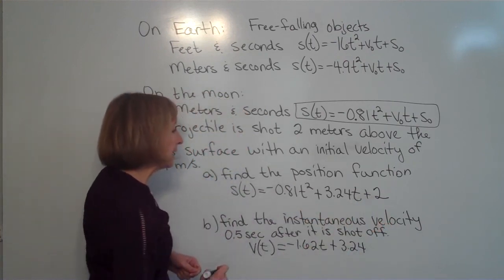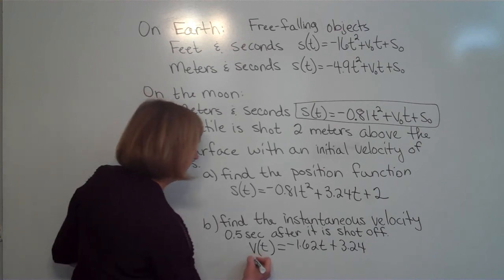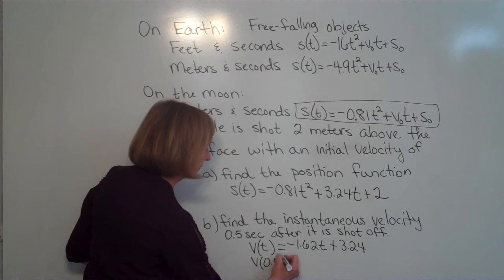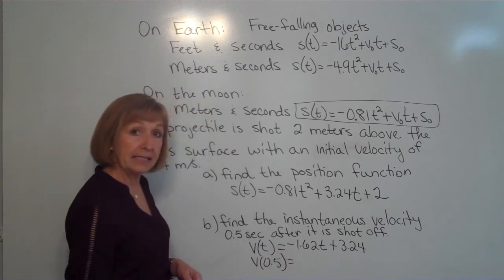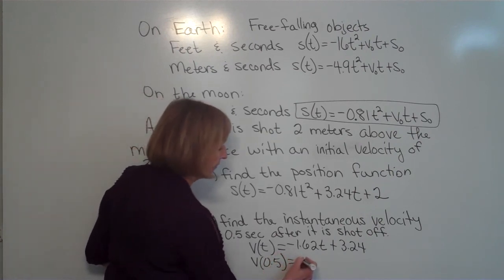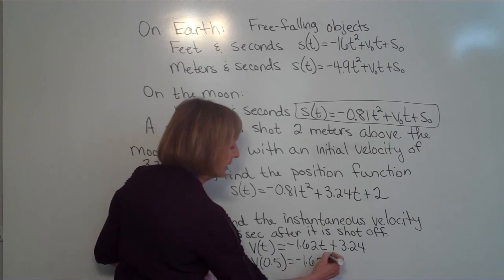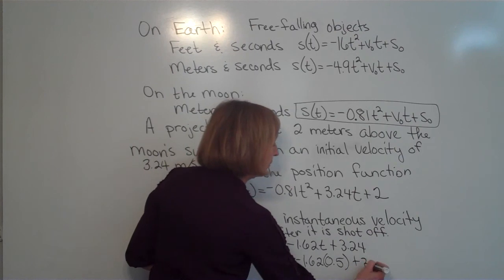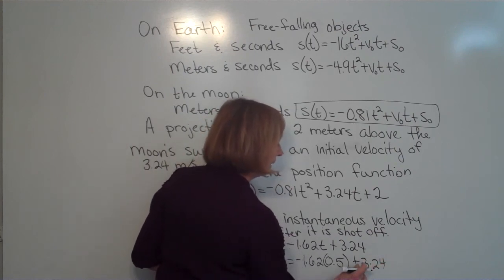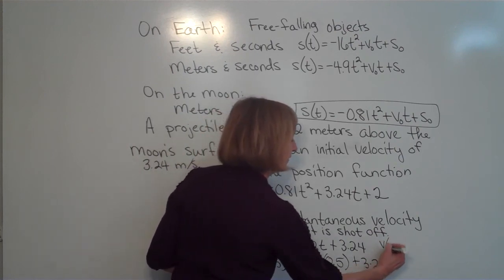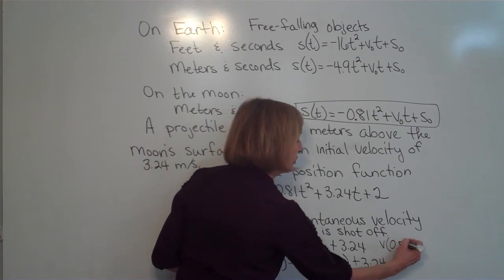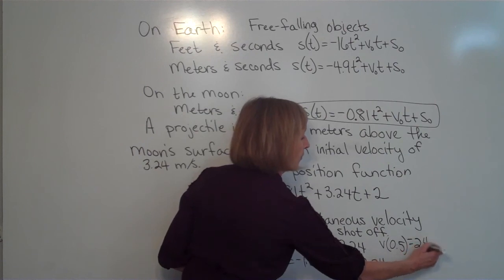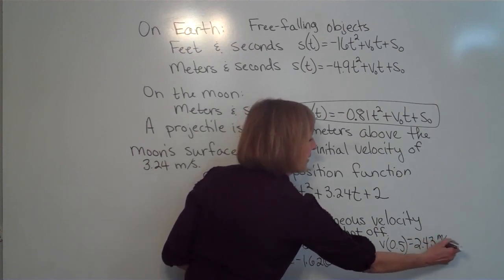So there's my instantaneous velocity function, and I want to evaluate that at 1/2 of a second, taking out the t and putting in 0.5, so I have negative 1.62 times 0.5, and then plus the 3.24. Our instantaneous velocity at 1/2 a second after it is shot off is equal to 2.43 meters per second.